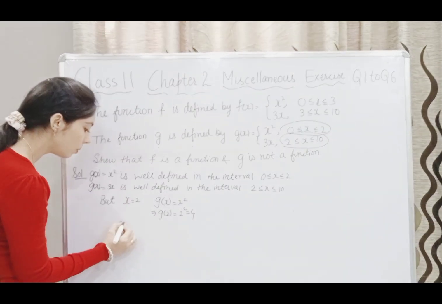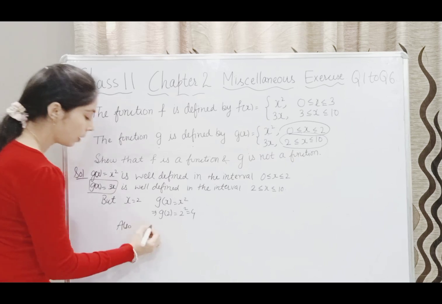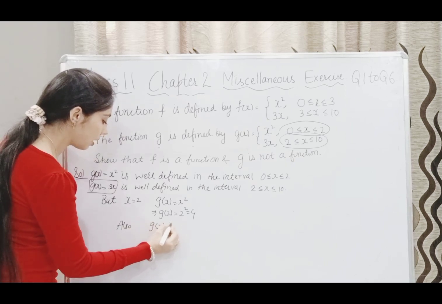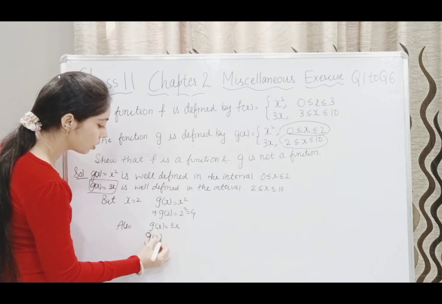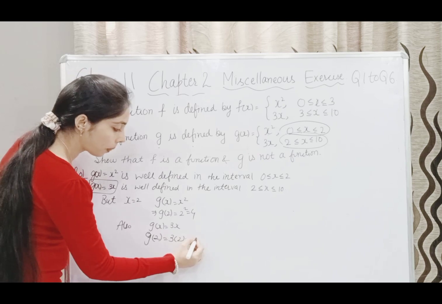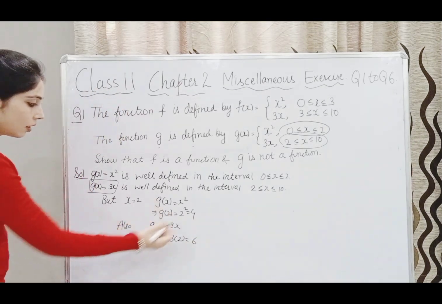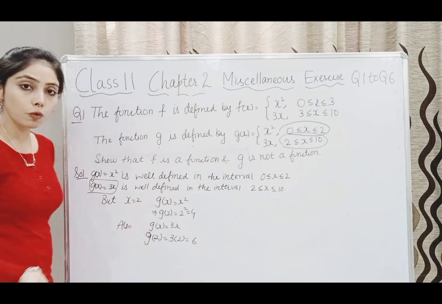Also if we take the second function g(x) = 3x and put x = 2, then g(2) = 3 into 2, which is 6. Here 4 is not equal to 6, meaning they are giving different values.